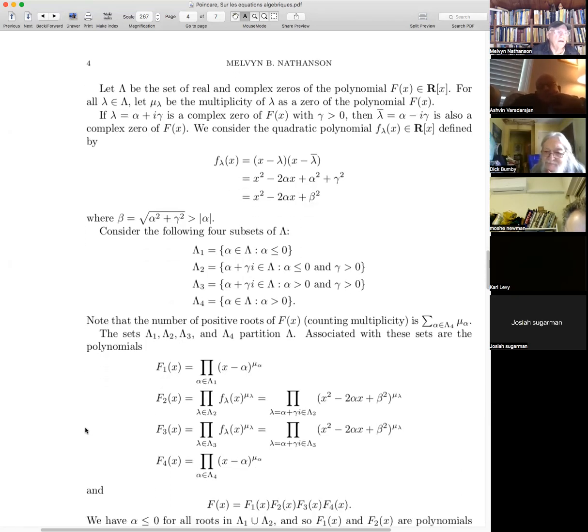The middle entries in the second and third line need to be amended. Oh, because you defined F lambda for, right, okay, fine, so that's right, good. But I should have said that F is monic, because when I multiply these polynomials together, the leading coefficient is 1.